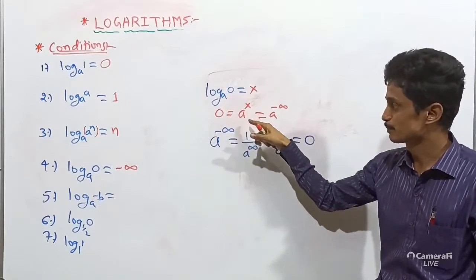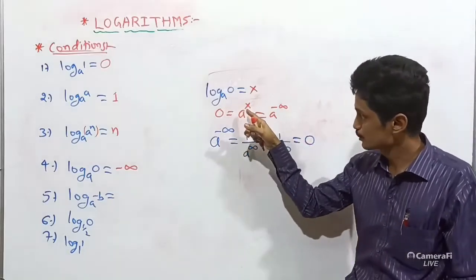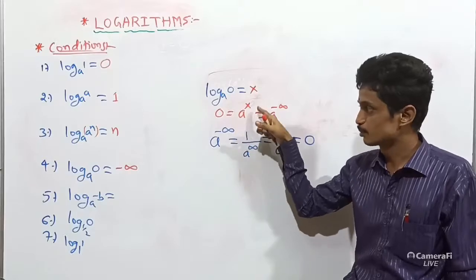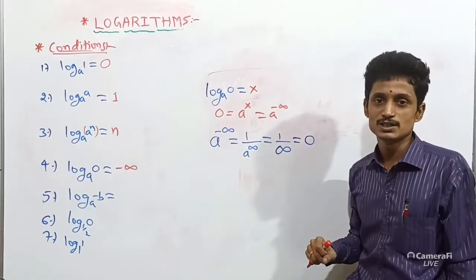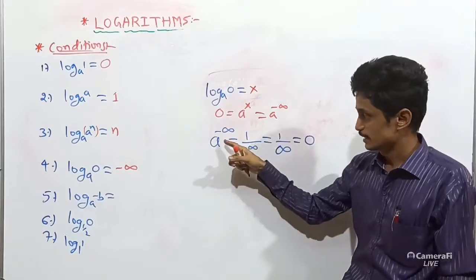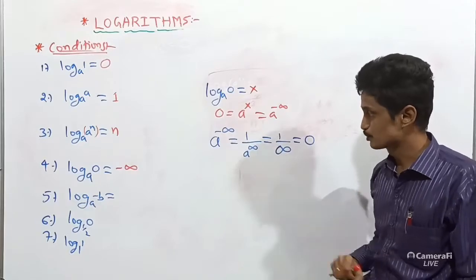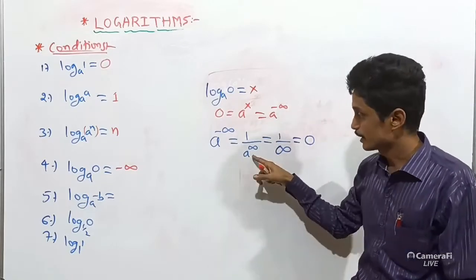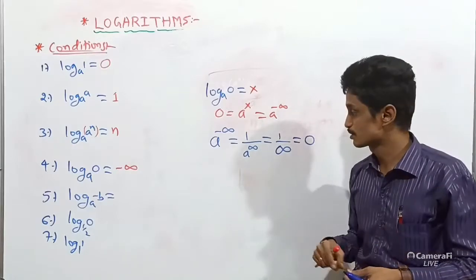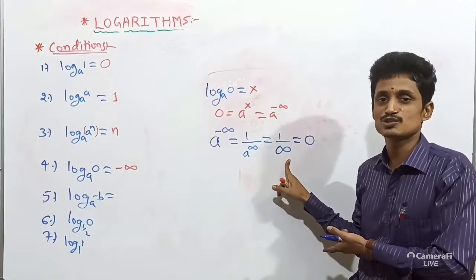Now 0 equal to a power x, once again rewritten in index form. Then I got confusion here. We know that the exponential form always gives us a positive quantity, but here I simply have a 0. That's why I took the number a power minus infinity. Written in positive form, that is 1 divided by a power infinity. Infinite number of times we multiplied, then our result will be infinity only, a very large quantity.